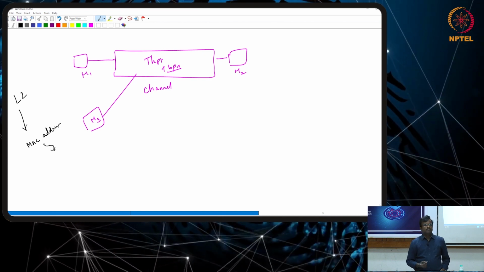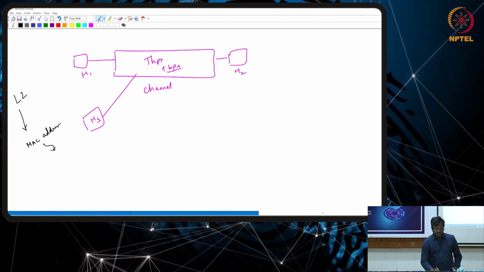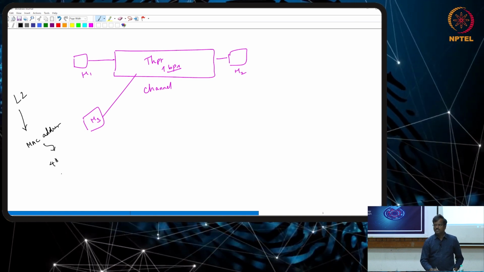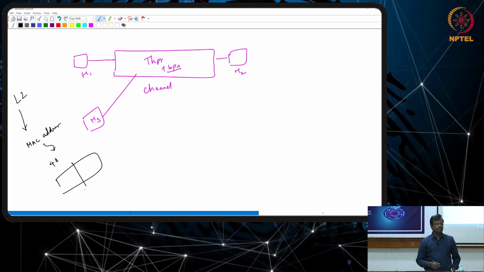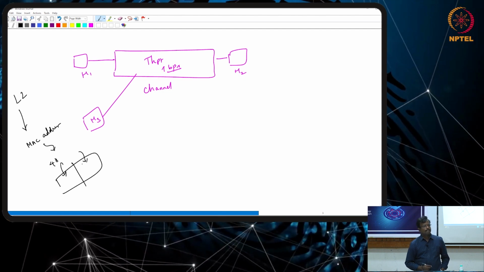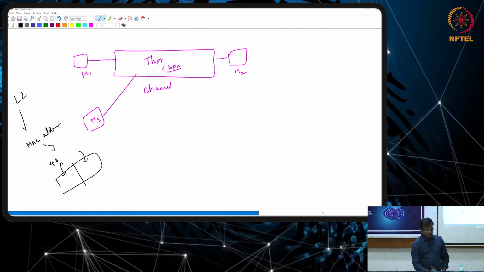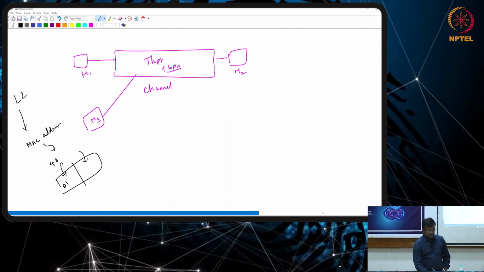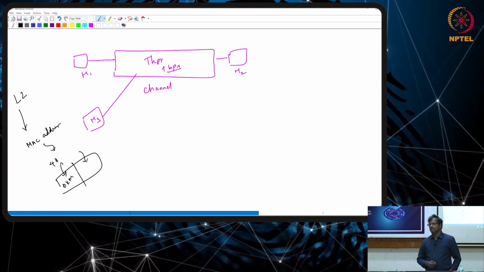So the underlying assumption is every computer has a MAC address which is unique to it, and it is a 48-bit MAC address. The 48 bits are divided into two halves. The first half is a unique address given by the OEM who manufactures the network interface card.